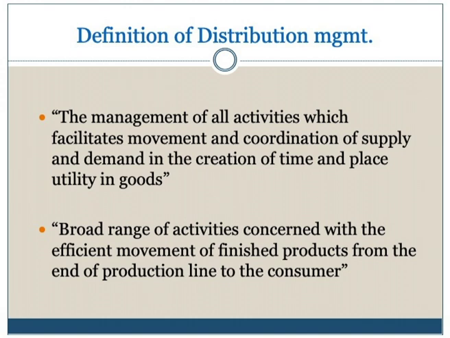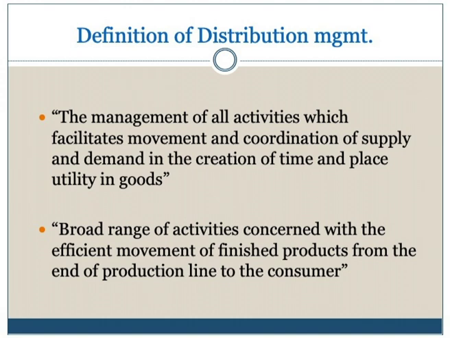Here the key words are movement and coordination of supply and demand. Distribution always tries to bridge the gap between the demand that is there in the marketplace and the supplies that are there on the company's end, and somewhere coordination is required for these two functions. Supply and demand have to be coordinated, and that is where distribution management pitches in.